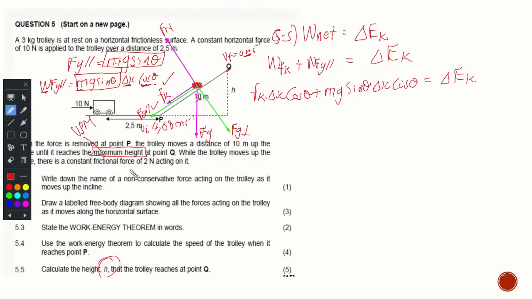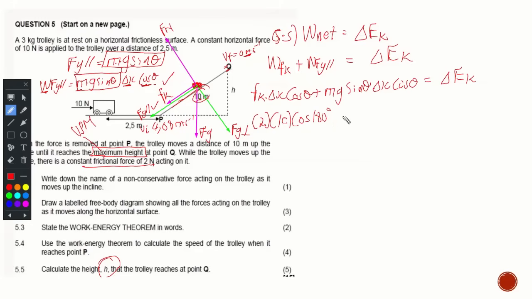Now Fk, we've been given that there's a constant frictional force of 2 newtons. So let's just substitute. We have 2. Our delta x, we are given that is 10. So the displacement is not the height, it's the displacement. So your displacement is that hypotenuse. Then cos, obviously the theta should be 180 degrees. It's acting in the opposite direction of the displacement.